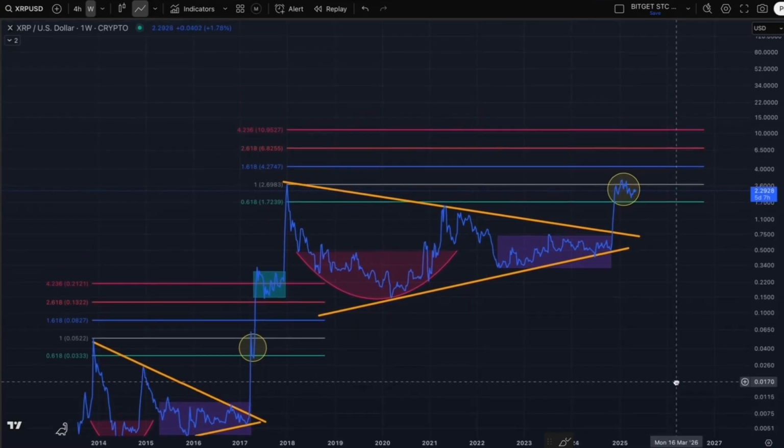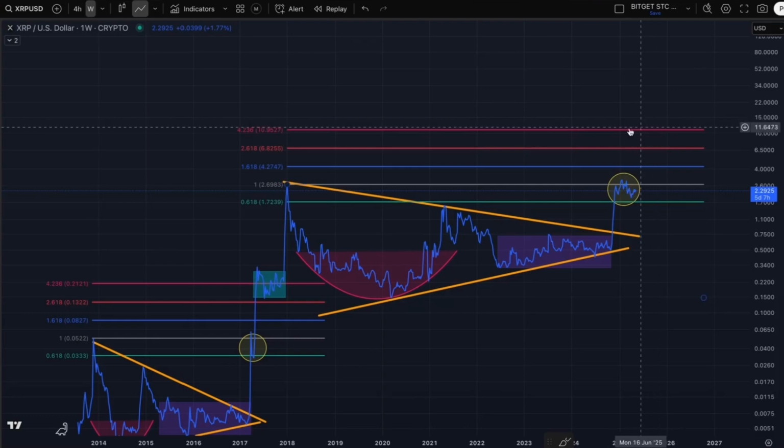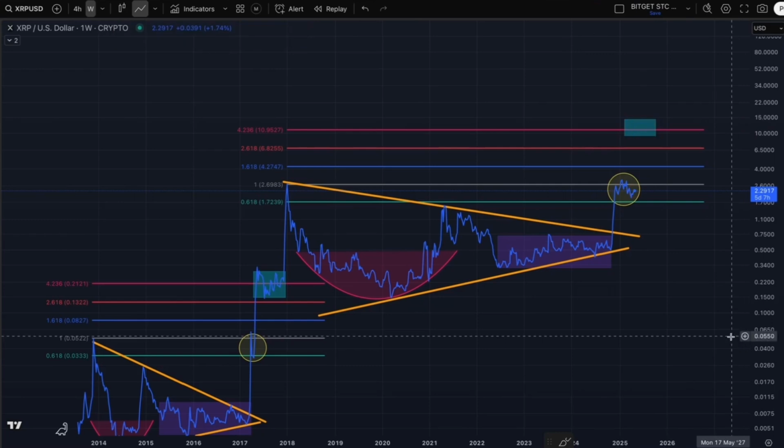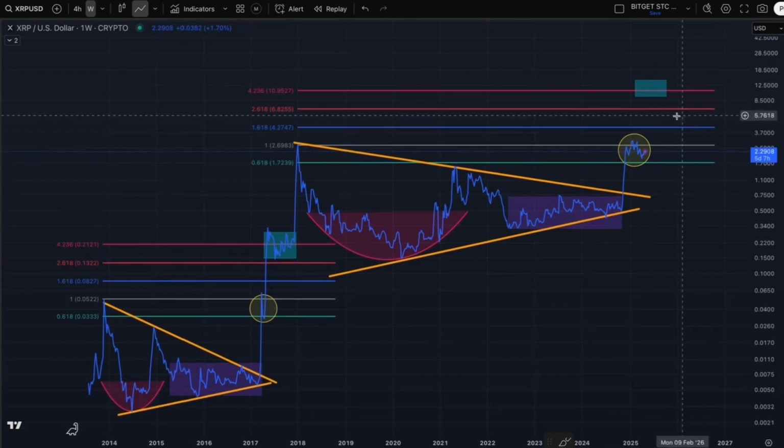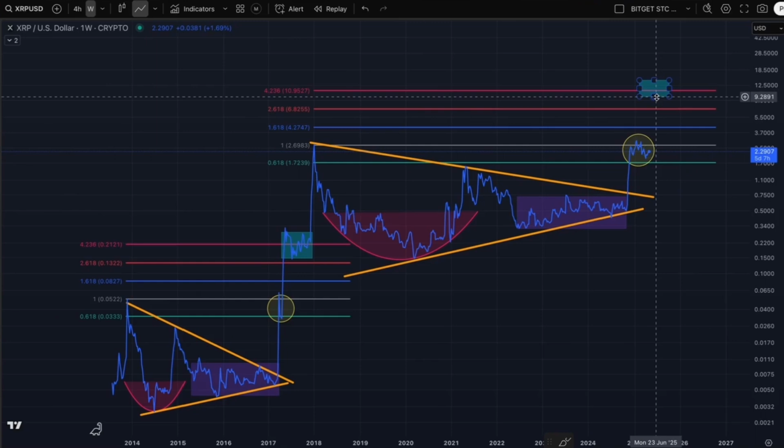Are we going to see a fast move to the upside above the 4.236? Because that's what XRP did after. And then what did it do? Well, it consolidated above here. So really our green box, if we're going to be mirroring history, is going to be consolidating above this 4.236 level around $10.